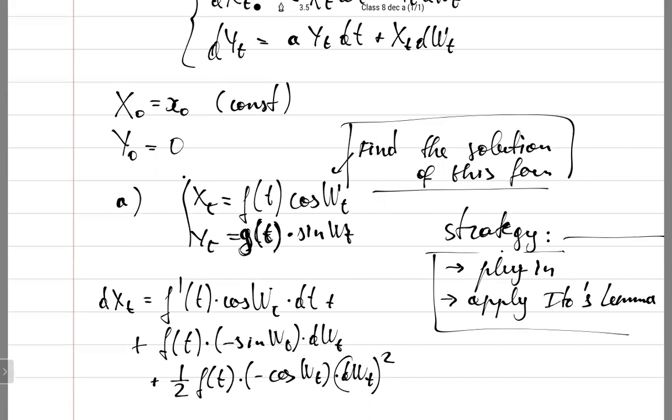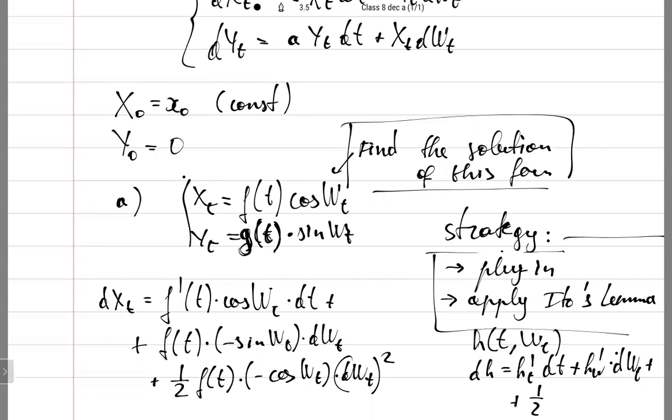This is just the basic idea that if we have a function h of t and W_t, then dh is h prime with respect to t times dt plus h prime with respect to w times dW_t plus Ito's correction, which is absent in ordinary differential, h double prime with respect to w, times dW squared. That is basically Ito's lemma. Let's simplify it a little bit.